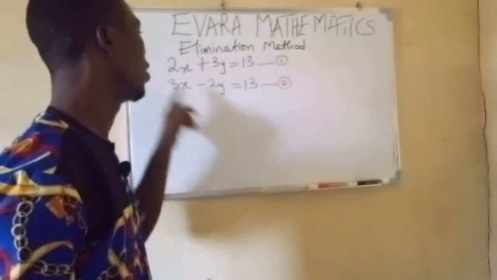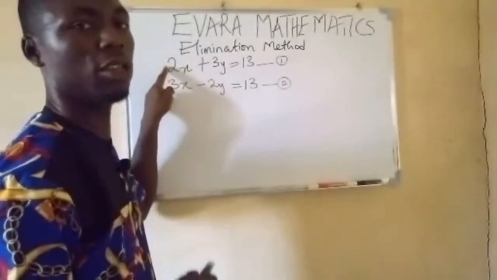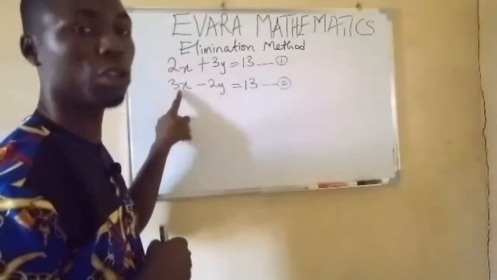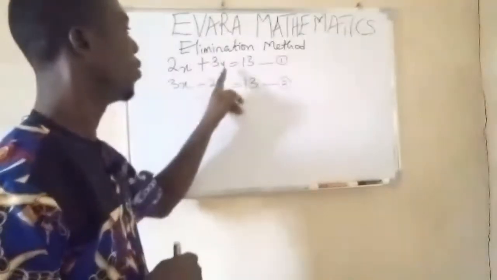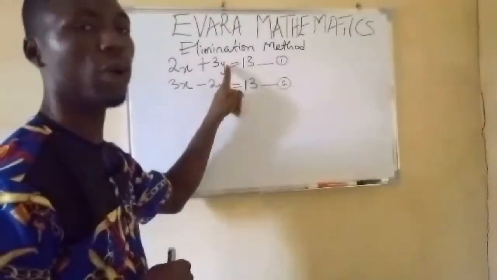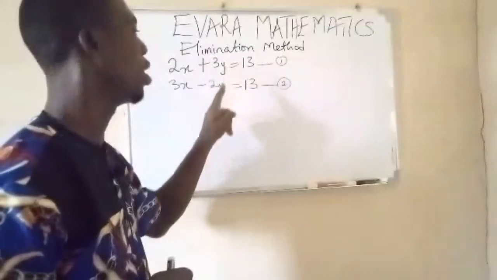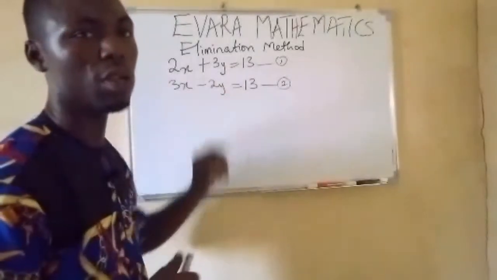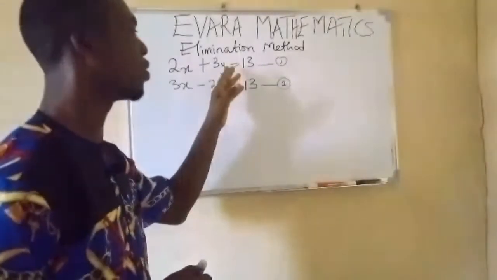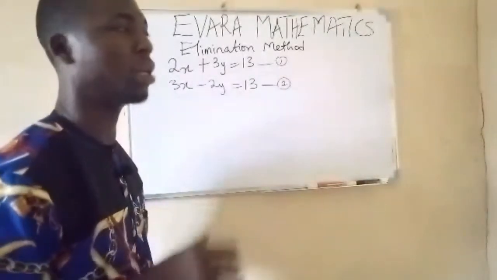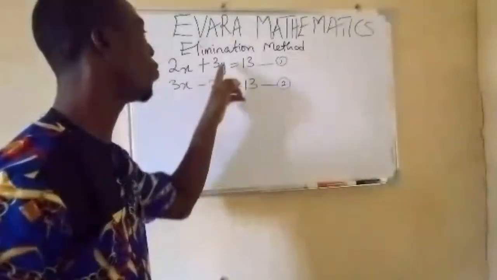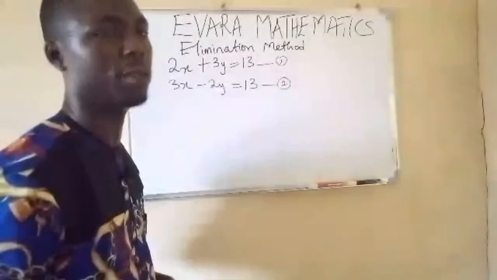But in this case, the coefficient of x in equation 1 is 2, and in equation 2 the coefficient is 3. For y, in equation 1 the coefficient is 3, and in equation 2 the coefficient is 2. So if you decide to eliminate y, that means you have to make sure that the coefficients of y in the two equations are the same.